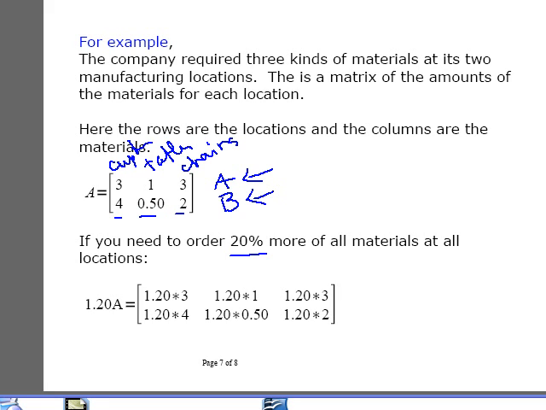In order to compute this, all you need to do is multiply 1.20 times A. If you want the amount of increase, you would go 0.2 times A. That's the amount of increase, but if you want the new amounts that you have to order, you have to include, of course, your base amount. So you would multiply by 1.2 times A. You see how this distributes to every single thing, and that will increase every one of your amounts by 20%. So this kind of multiplication only works when everything goes up by the same amount or down by the same amount.